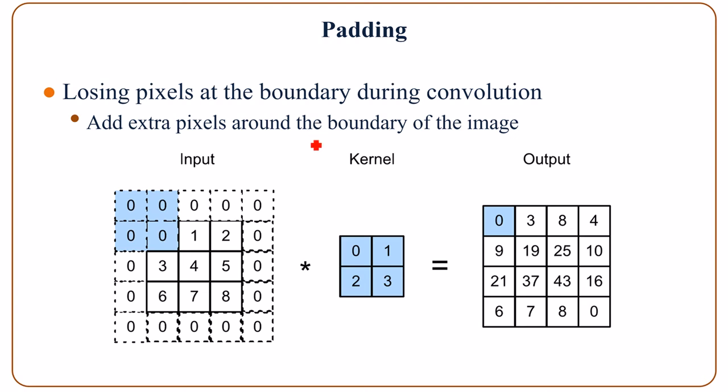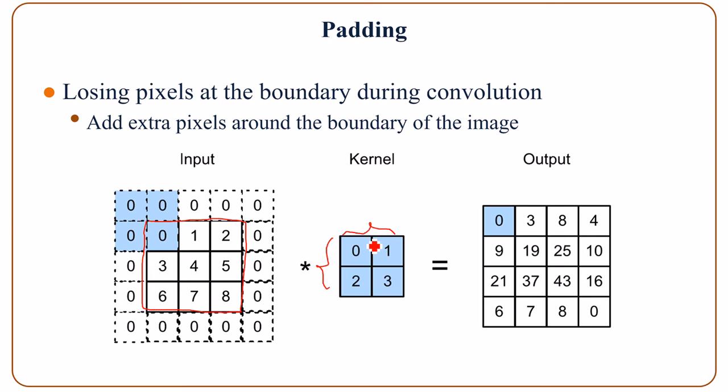So now let's look at a concrete example. Let's say we have an input image and our kernel is 2 by 2. Without padding, our output size would be 2 by 2 as well.